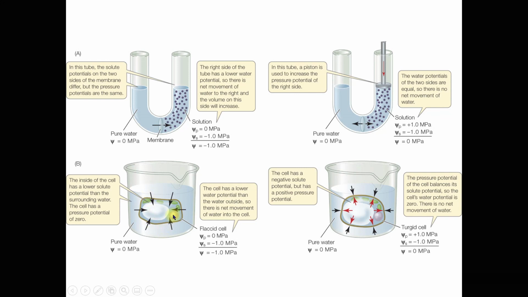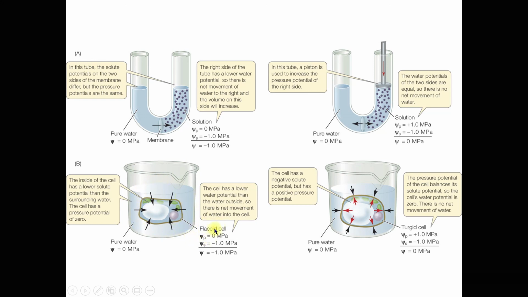Now, what happens when a plant cell is immersed in this solution here? This pure water has 0 megapascal water potential. This plant cell is a flaccid cell. It is given that the flaccid cell is being immersed in pure water.